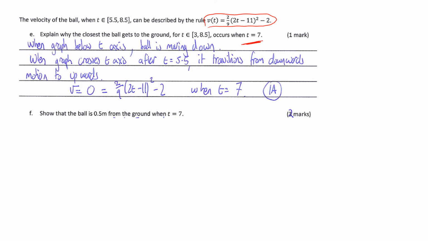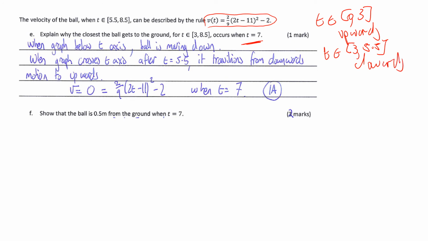Well, as discussed earlier, for t in the first 3 seconds, it's traveling upwards. In the next 2.5 seconds, it's traveling downwards, and then it encounters its velocity being dictated by this rule from t greater than 5.5.